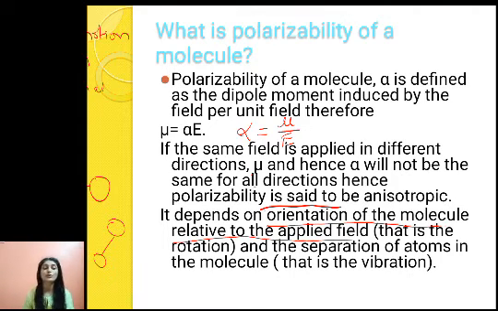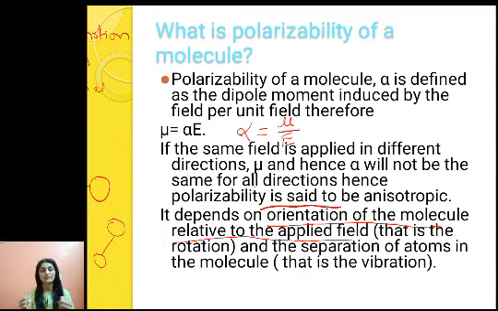It depends on the orientation of the molecule relative to the applied field and the separation of atoms in the molecule. The orientation of the molecule will change depending upon its rotation. If the molecule is continuously rotating, its relative orientation will be different. So in a way, polarizability depends upon rotation.